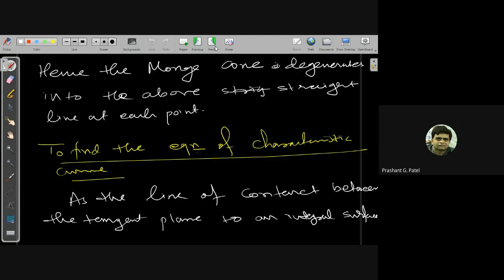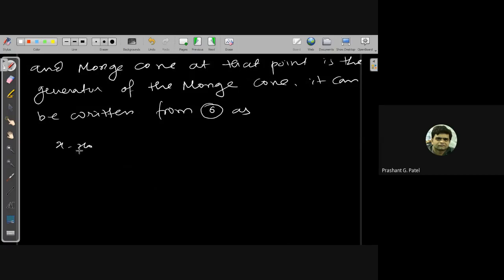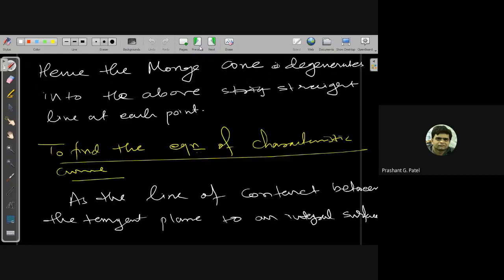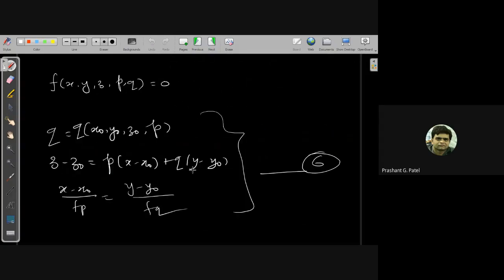Let me write that first. So it is x minus x0 upon fp, y minus y0 upon fq. If I say this is equal to k, then x minus x0 equals k fp, and y minus y0 equals k fq.